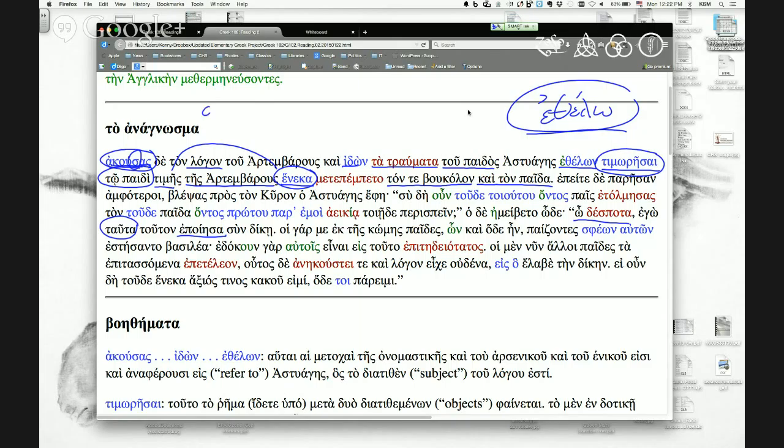From utos, haute, and tuto. Okay, so this is the accusative and the nominative plural, tauta. Okay. So these things, and so what would tuton be?